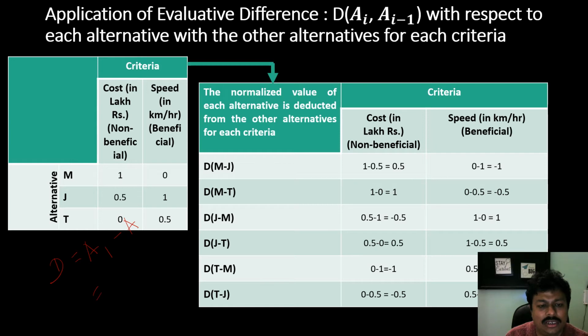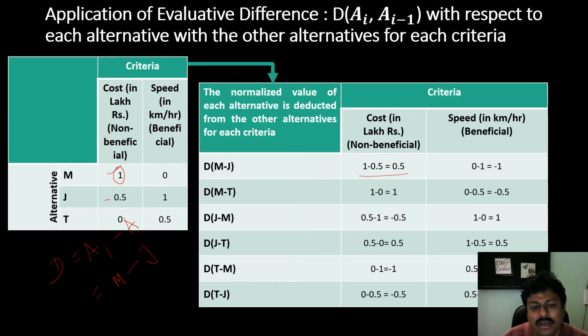So you deduct the normalized cost of Jaguar from Maruti. Here it is, right? So this value of Jaguar is deducted from this value of Maruti, 1 minus 0.5.